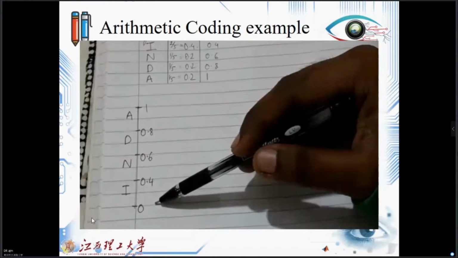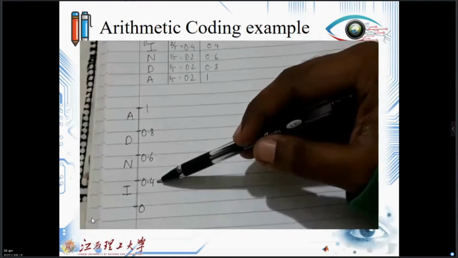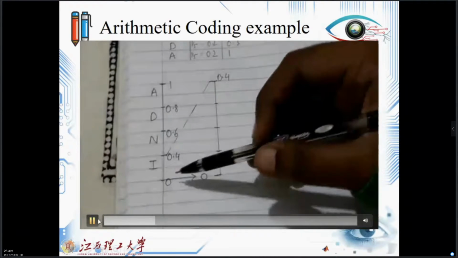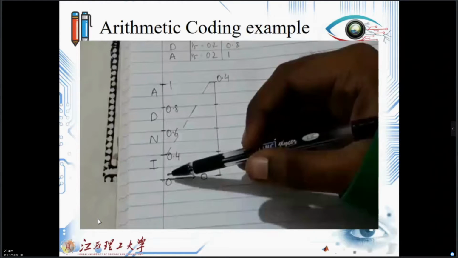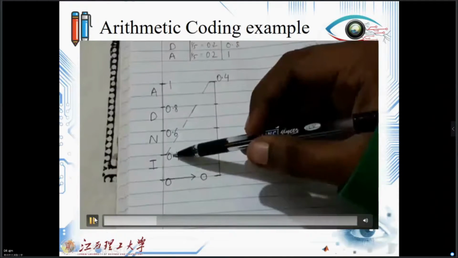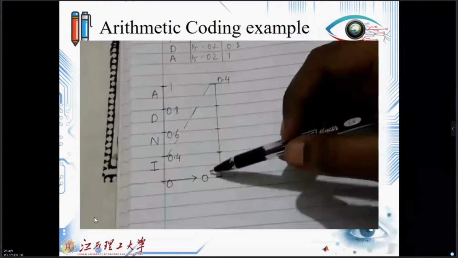Now, as you see, the first letter is I, so we will start from the message part. We will start and put the I at the top with the probability that we have. Now we can draw some lines like this. I will come out at 0.4, and 0 will remain here.